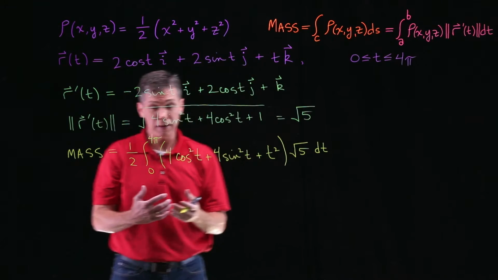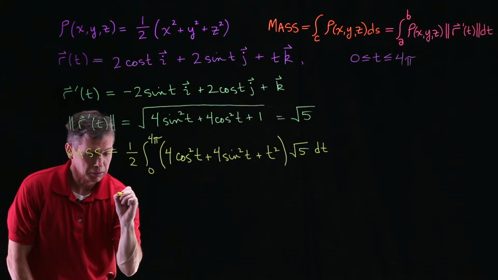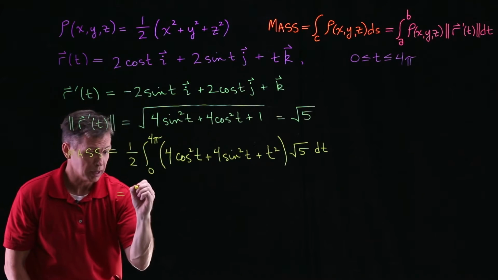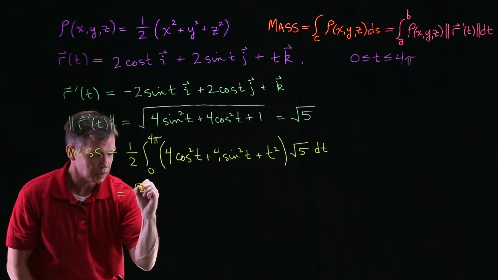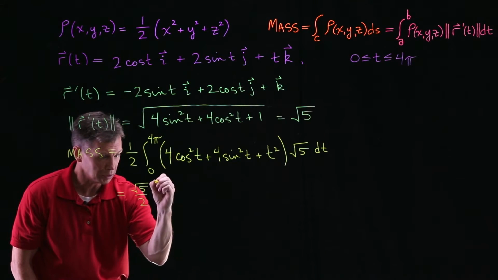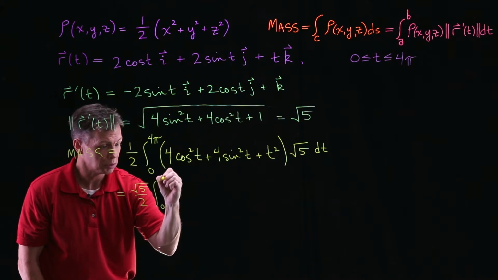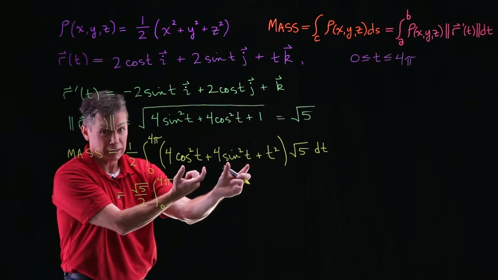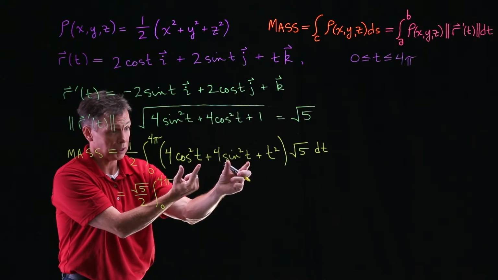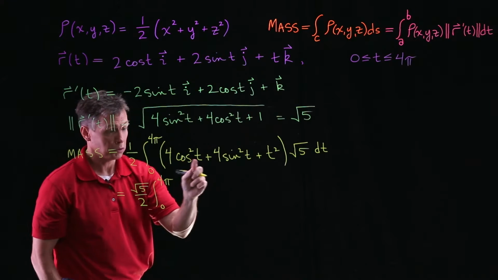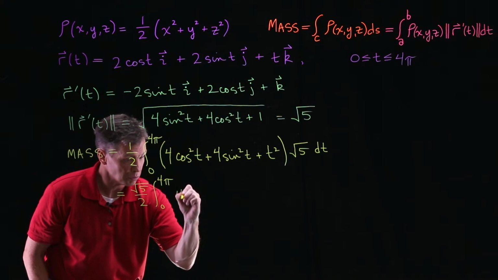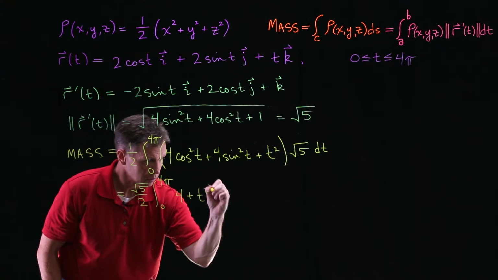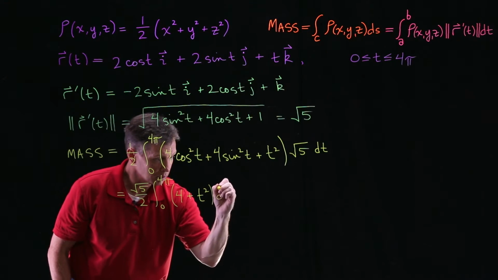Now we'll try to evaluate that integral. As I go down a step, I am going to pull out the constant factor of square root of 5. So let's write this as square root of 5 over 2 out front, integral from 0 to 4 pi. Let's capitalize on that Pythagorean identity again. I see cosine squared plus sine squared, which is just 1. There is a 4 in front of that, so I would have 4 times 1 plus t squared, and then we're already at the dt.